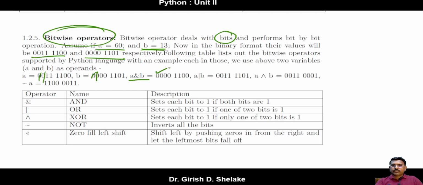Bit by bit, for 1 and 0, we know that only if both have 1 does it give you 1, so in this case we get 0. Here we have 1 and here also we have 1, so it gives you 1. Similarly we will consider the rest. So these are some operators, and their meaning is in this table.